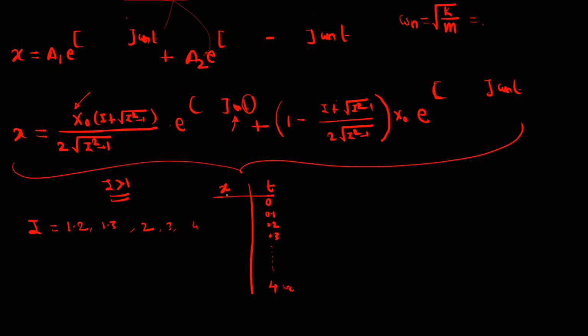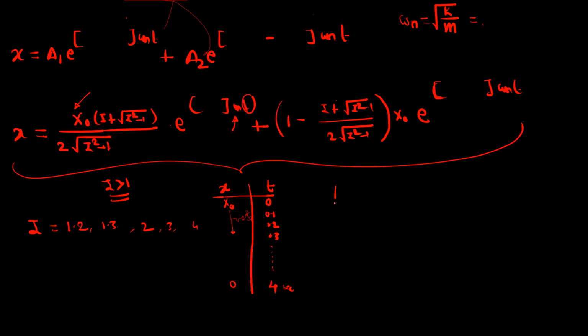Then the displacement initially, when time t is 0, the x value must be x0. So the waveform will start from the initial displacement, and after that, from x0, this value will gradually decrease and approach 0. That means the equilibrium condition for the maximum time.